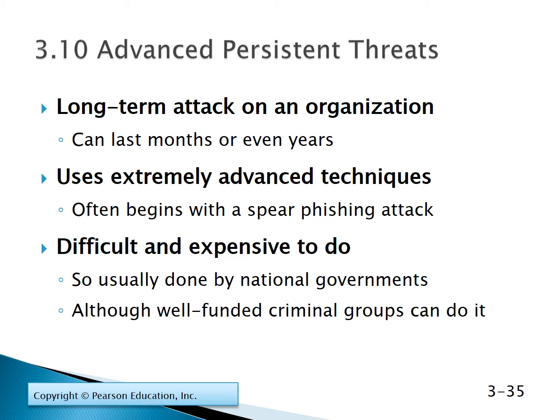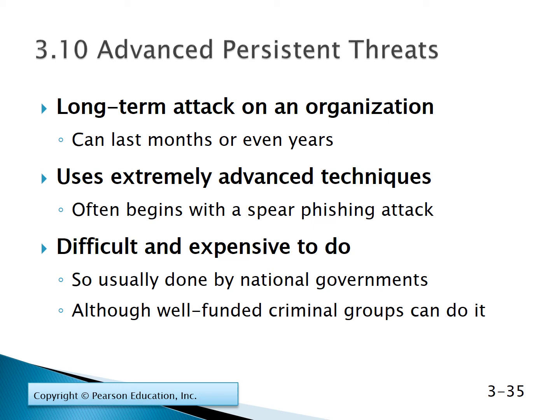So they need to make sure they have good security processes in place. Many of these hacker groups use extremely advanced techniques these days. It usually begins with a spear phishing attack, and they will get the credentials of, say, one or two users, and from there they try to get into the system.